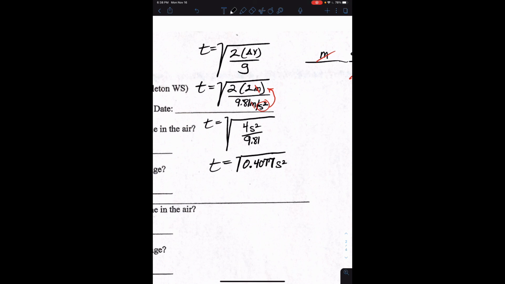Now, even though I rounded it right there, I'm going to square root the entire thing in my calculator. It's usually a bad idea to round early. So I'll say second square root answer. Now I'm getting 0.638. So I'm going to go ahead and round that to 0.64 seconds.